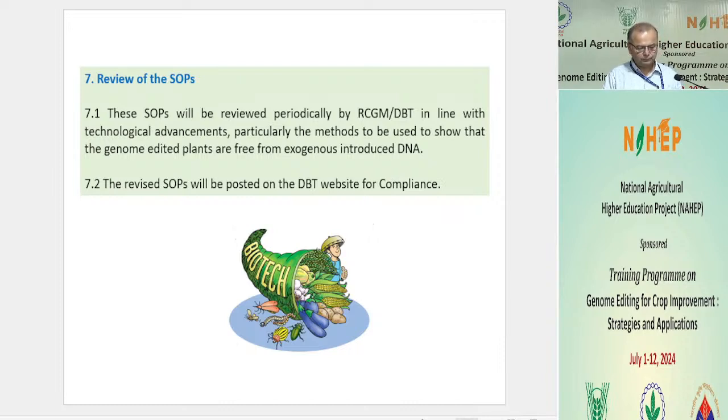Sir, is there any extra biosafety protocol to be followed for nano-based RNP transfer? No, whether it is nano-based or any other method, it will all come under the same guideline.